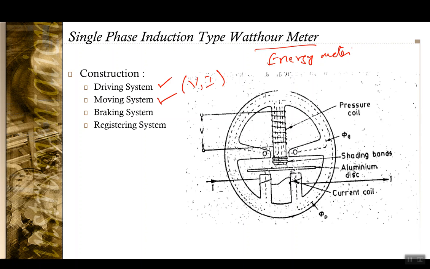One is this moving system, which is this aluminum disc that rotates, and you would have this braking system that gives the braking torque, and the registering system, which converts this rotation into an equivalent display that gives the readout of what is the watt hour, or what is the energy being consumed.